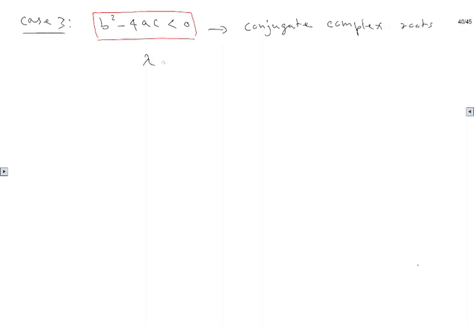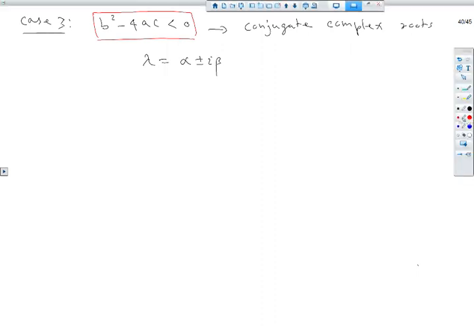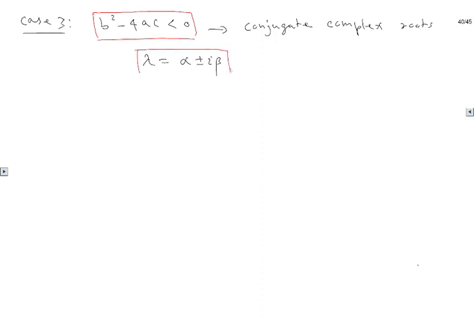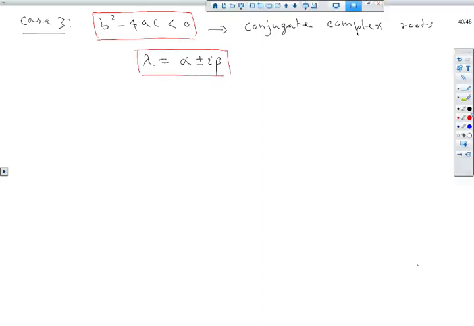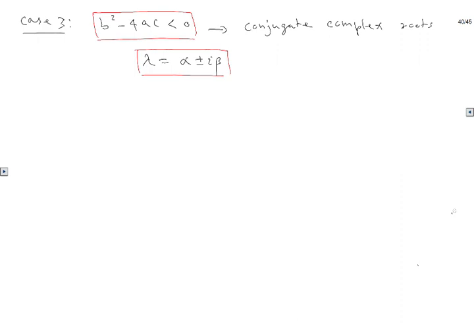That means in that case your solution you can write as lambda equals alpha plus or minus i beta form. So the solution is going to look like that always in this case. So we can use this to find the solution.